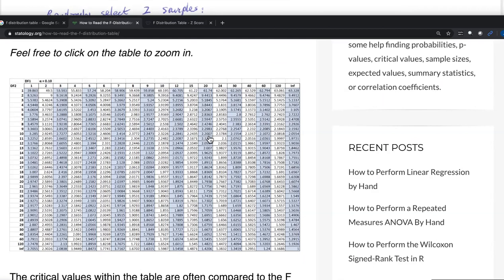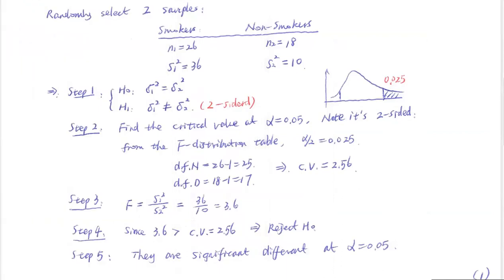You will see so many different pages. That's another reason we don't require using the F distribution table to do any calculation. So we are not going to ask you to find the critical value here. From the table, we find that the critical value, CV, is 2.56.